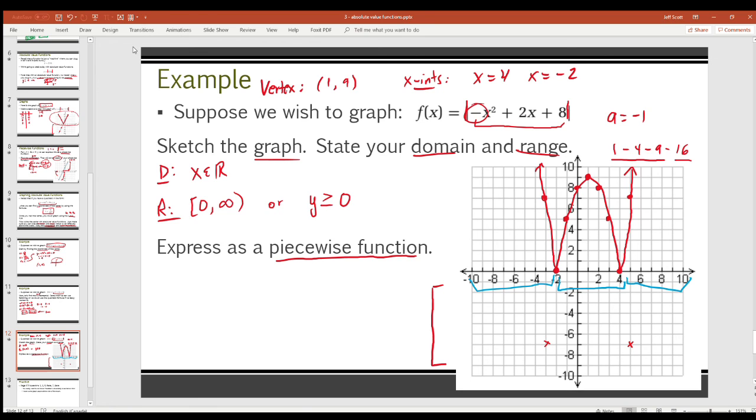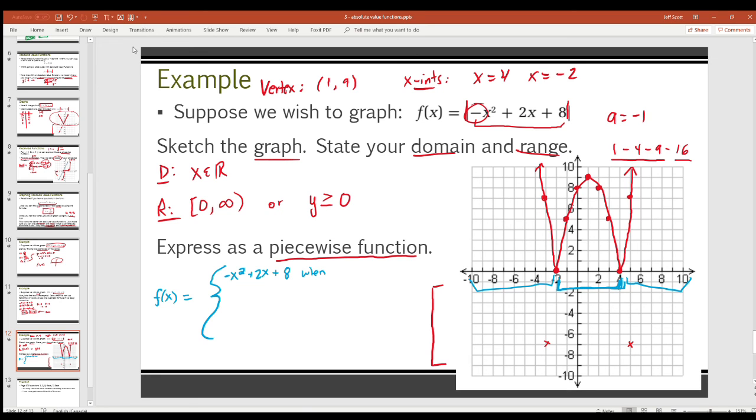What I would do, just to save some space, instead of writing out the whole absolute value function, I'll just say f of x equals our piecewise function bracket. We'll say the exact same function, negative x squared plus 2x plus 8, when x is between negative 2 and positive 4, because that's that stretch right here in the middle where that graph stayed the same.